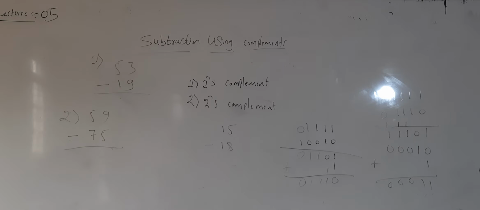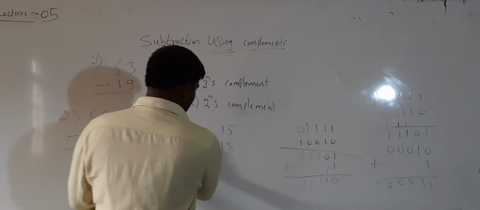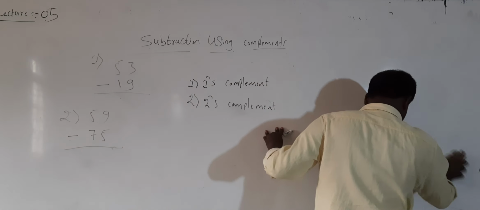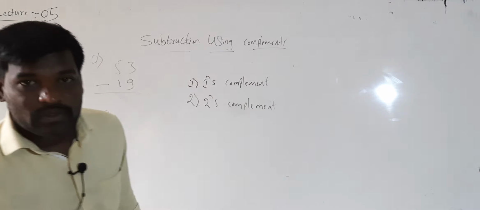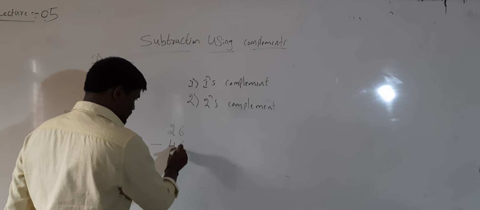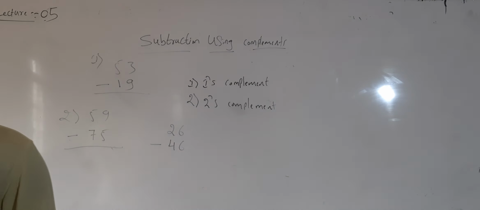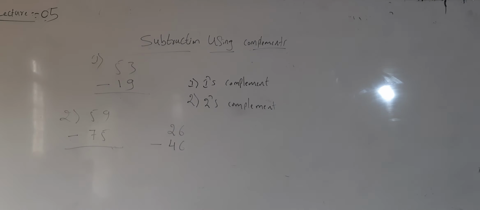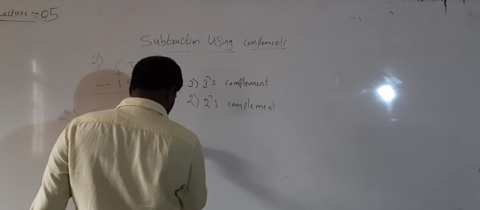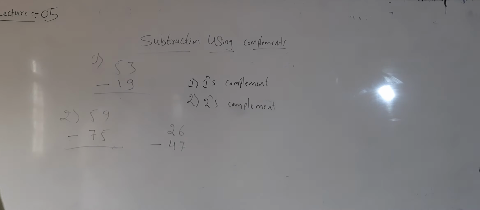Okay. So another example, 26 minus 47. So here 26 minus 47. So you can convert the 26 to binary and 47 to binary.